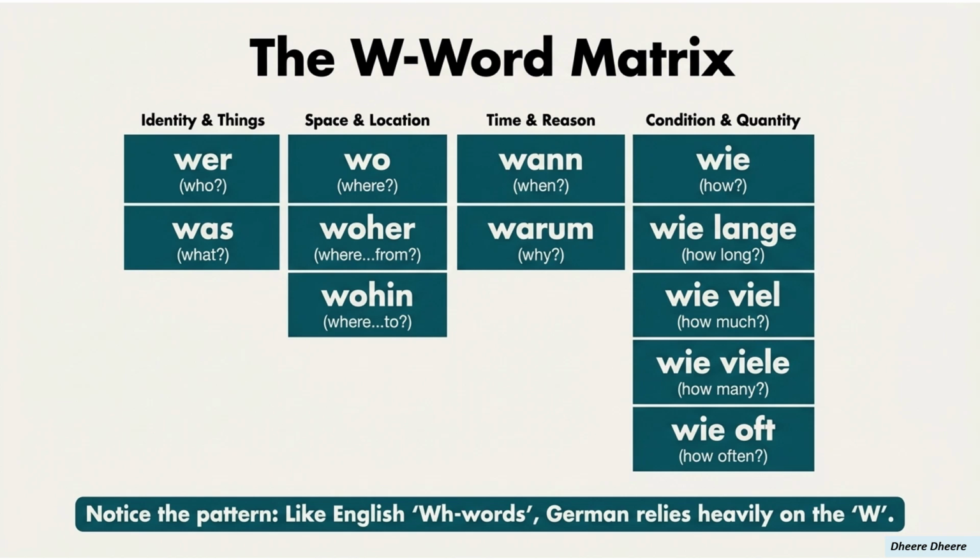Here is the list of important question words and their English equivalents. You can notice the pattern like English WH words such as who, what, whom, why.